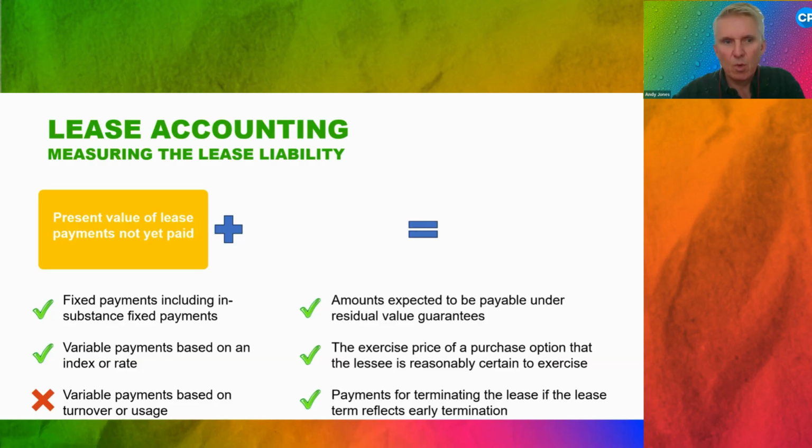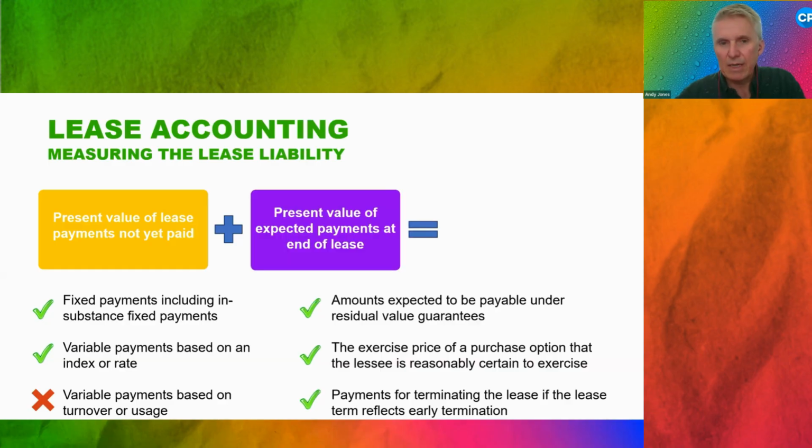You're also factoring in the present value of any expected payments at the end of the lease, so any residual value guarantees, or any payments for terminating the lease. And if there are any options around exercise price or purchase options on the asset, you have to factor that into the payments and do the present value calculation. And that gives you your lease liability figure.